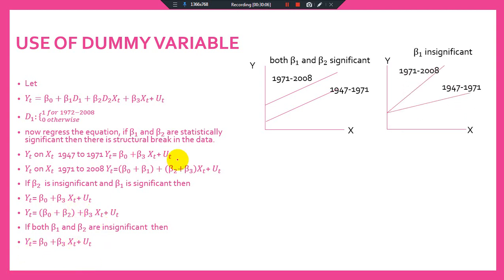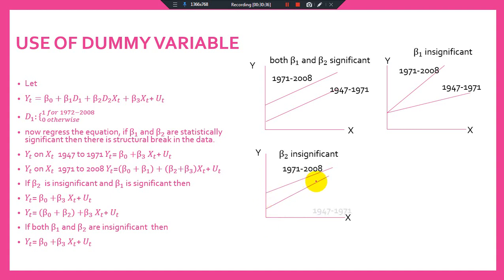Here the constants of both regressions are different and the slopes are also different. Here the slopes are different for both subsamples, but the constant is the same if beta 1 is insignificant.